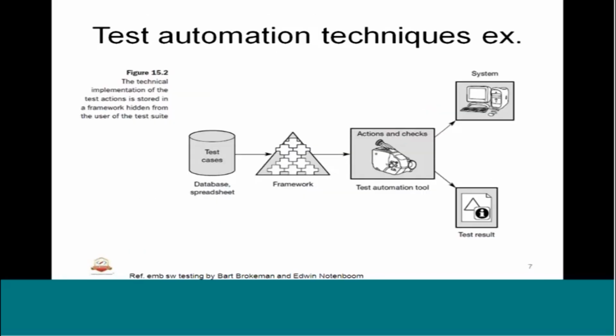So basically, the technical implementation of certain test actions can be rather complicated, so this implementation should be hidden from the normal user. You don't have to bother about where it is available. The only thing to know is which test actions are available.